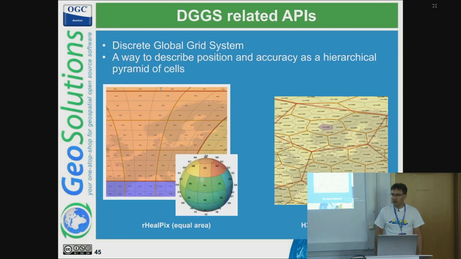Another interesting API that we have a prototype implementation of in GeoServer is the DGGS API, Discrete Global Grid Systems, which allow you to represent the world as a set of cells which are multi-resolution. We have two DGGSs here, rHEALPix and H3 from Uber.